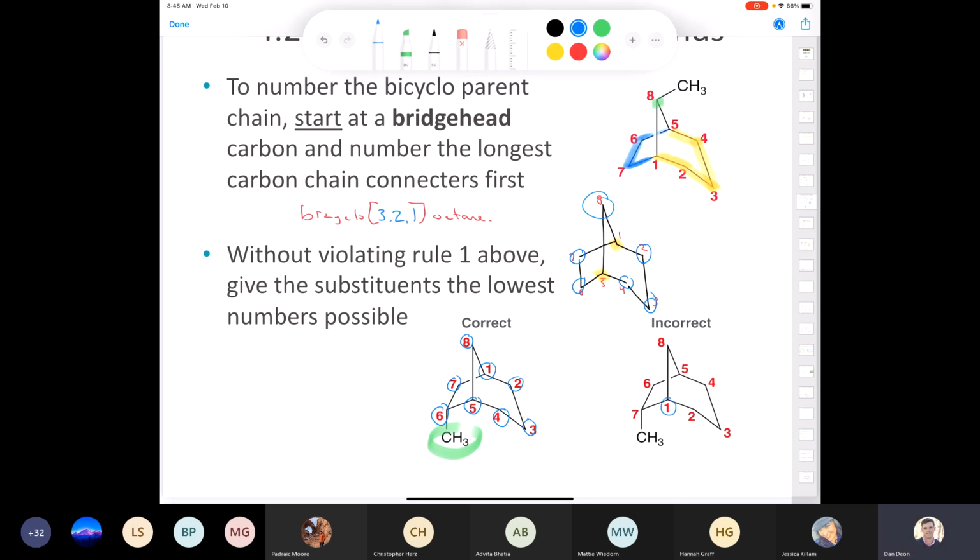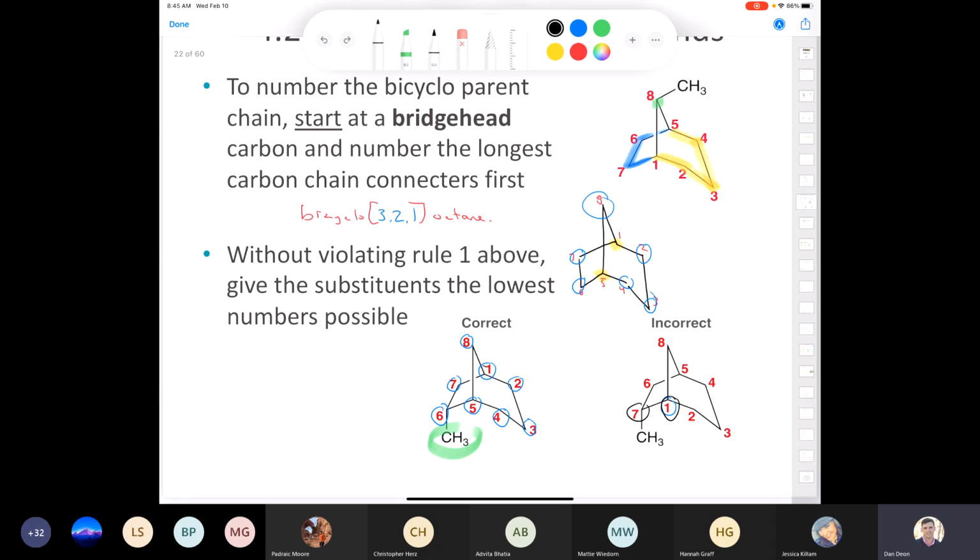If we had started numbering at this bridgehead, it might be a knee-jerk reaction for you to say, come on, Mr. Dion, why can't you just go 1, 2, and then give it a 2-methyl? No, because the first rule says you have to go through the longest bridge first. So you might be wondering, well, come on, this number 1 is closer to the methyl than this number 1 is to this methyl.